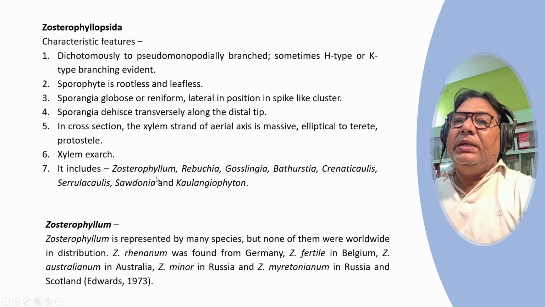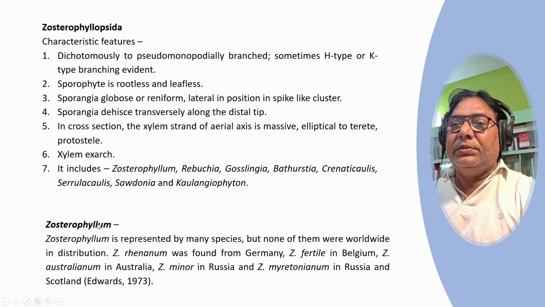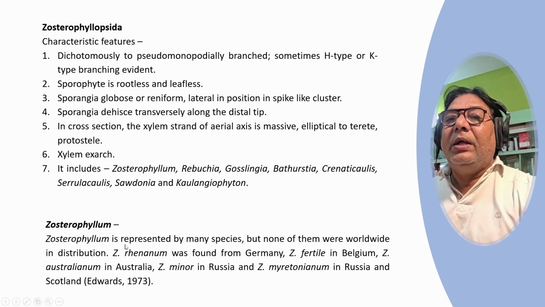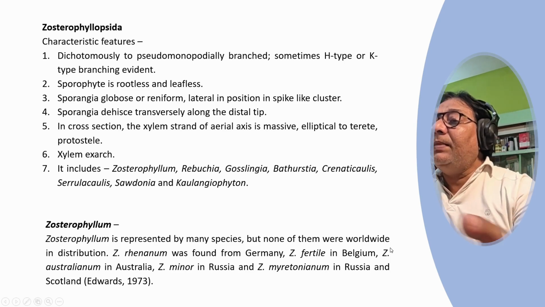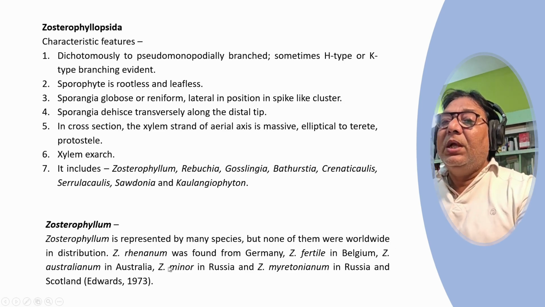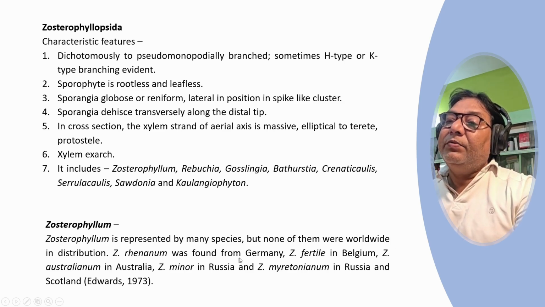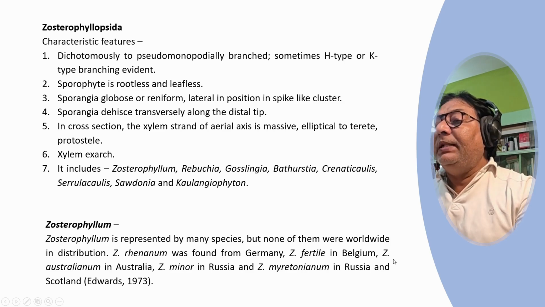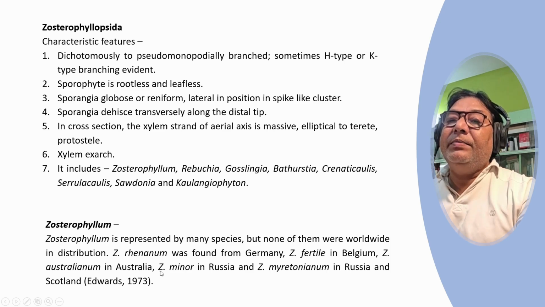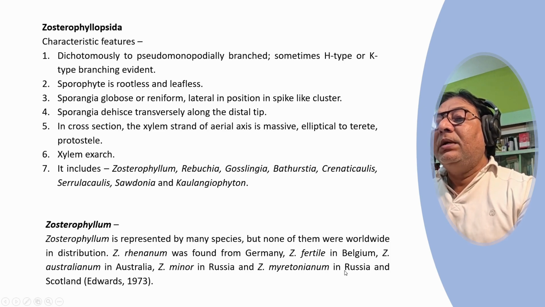There are so many, so we will have to study only the Zosterophyllum. Now, talking about Zosterophyllum. Zosterophyllum is represented by many species, but none of them are worldwide in distribution. Zosterophyllum rhenanum was found from Germany, Zosterophyllum fertile from Belgium, Zosterophyllum australianum from Australia, Zosterophyllum minor from Russia, and Zosterophyllum myretonianum from Russia and Scotland.